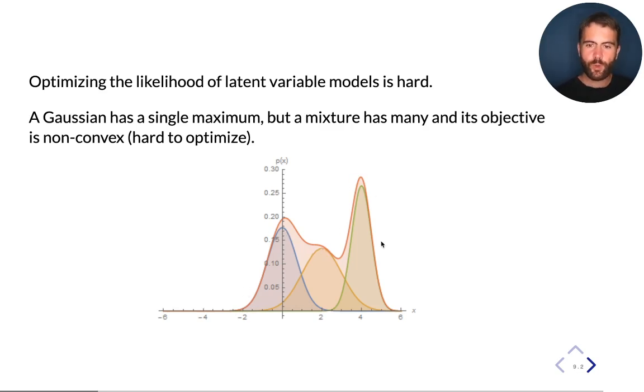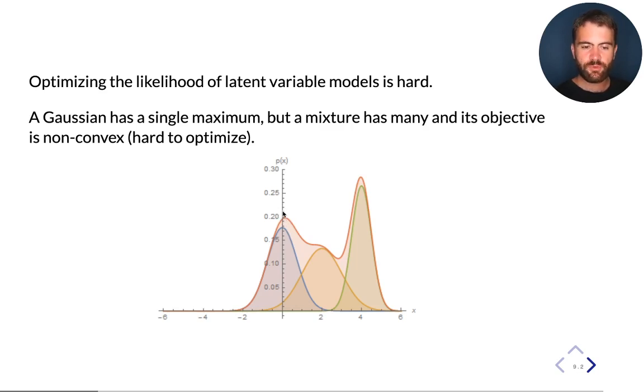This is, in a way, a good thing, because we are using a model that is more expressive, that is richer, that can fit more complicated shapes than just a bell curve. But also, this model now has multiple optima. There is a maximum of the distribution here, and there's another maximum here, and these are local maxima. In this neighborhood, this appears to be the largest value.